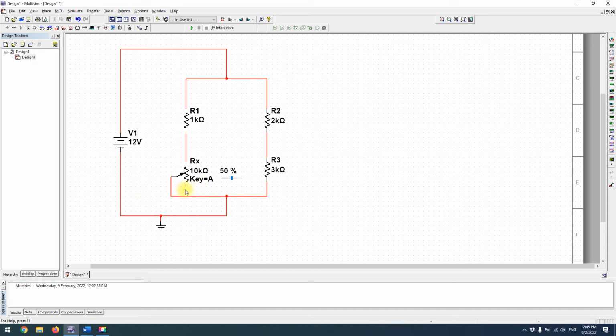Now over here, usually we'll ground it, so we just take this ground, copy it, and paste it. That's all, and we're good.